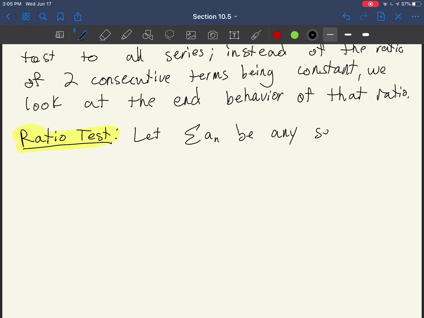Let the summation of an be any series. So we're not requiring the terms to be increasing, decreasing, positive, negative, nothing.